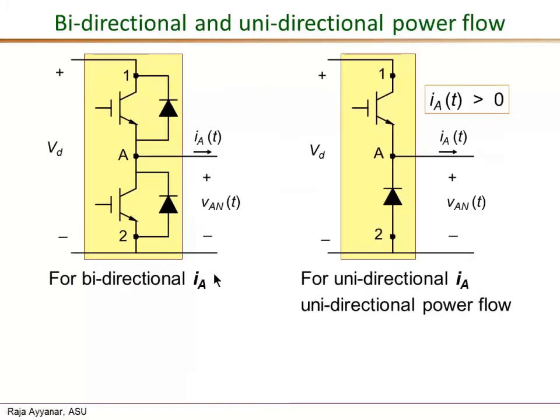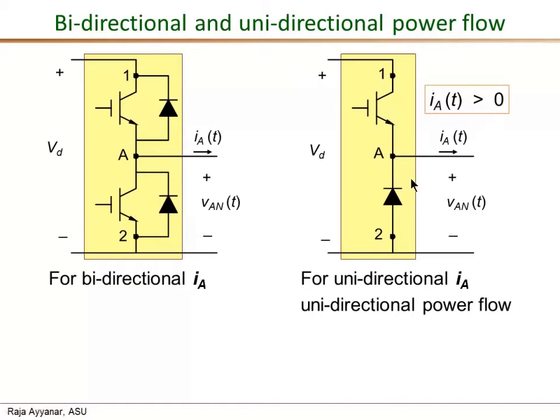Okay, and that is indicated here, and the complete implementation of the bipositional switch can support bidirectional pole current. Whereas for unidirectional IA, which also results in unidirectional power flow because the voltage is always unipolar, and if the current is unidirectional, then the power flow is also unidirectional. Okay. For those applications, then all we need is this one switch and one diode.